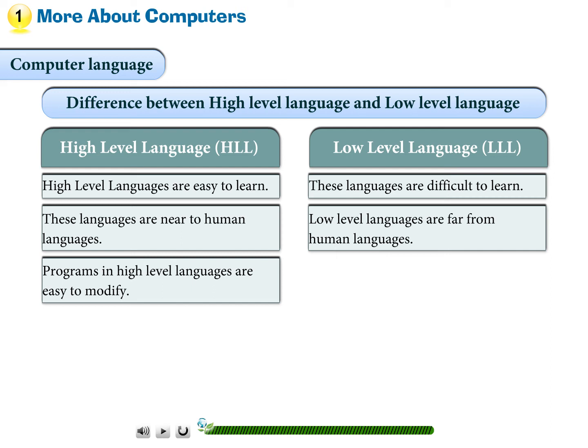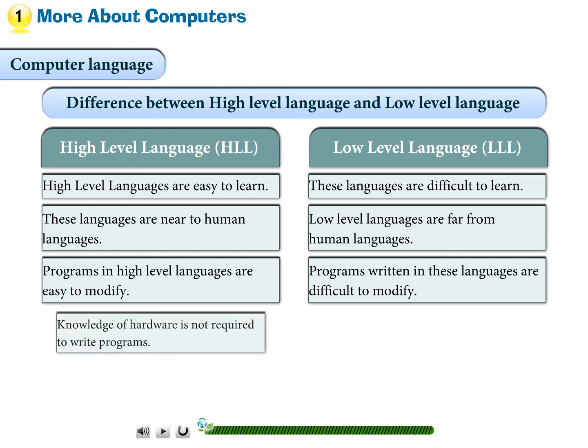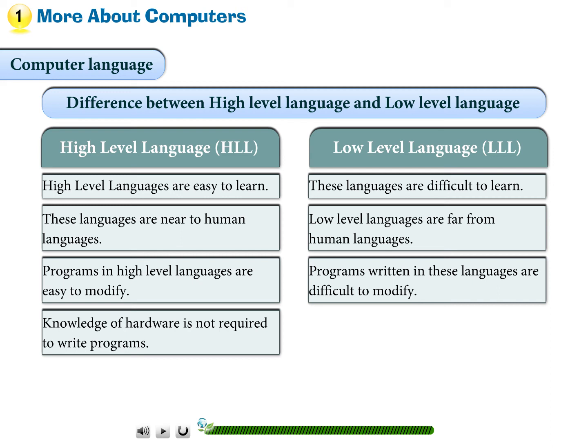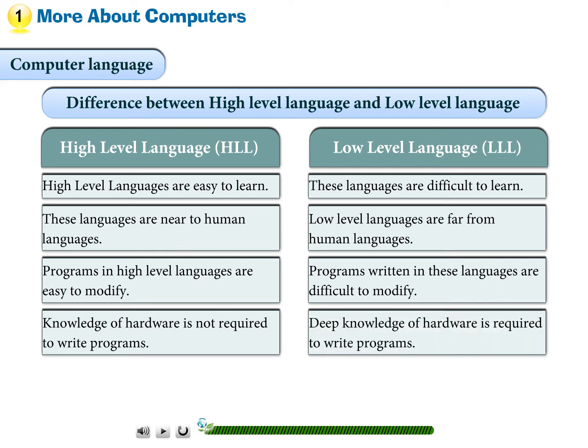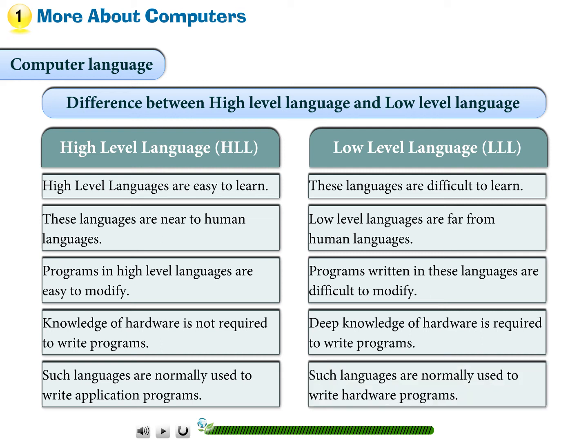Programs in high-level languages are easy to modify. Knowledge of hardware is not required to write programs. Such languages are normally used to write application programs. Low-level language, LLL: these languages are difficult to learn. Low-level languages are far from human languages. Programs written in these languages are difficult to modify. Deep knowledge of hardware is required to write programs. Such languages are normally used to write hardware programs.